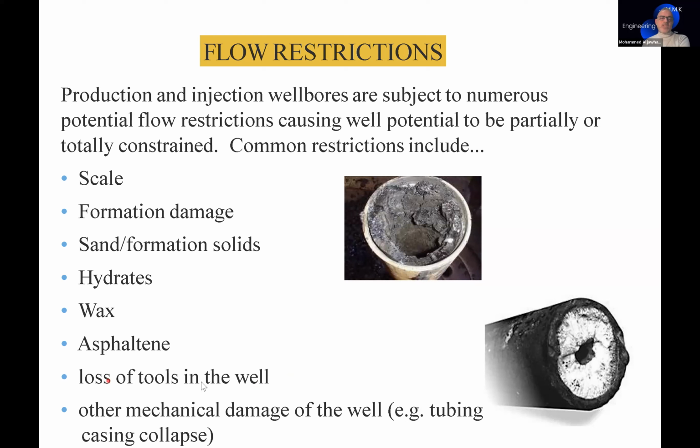Maybe that loss causes mechanical damage or tubing or casing collapse, for instance. These are the major problems we can see from the field life. They may happen in early life, maybe in mid or late life of the field or the well life cycle. These kinds of problems we will discuss today in our webinar.